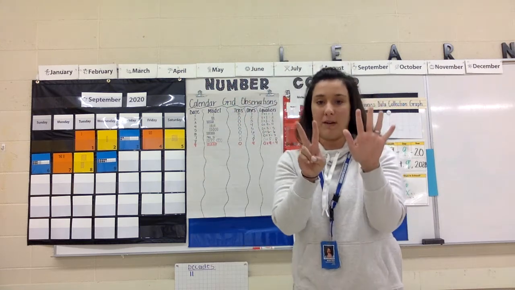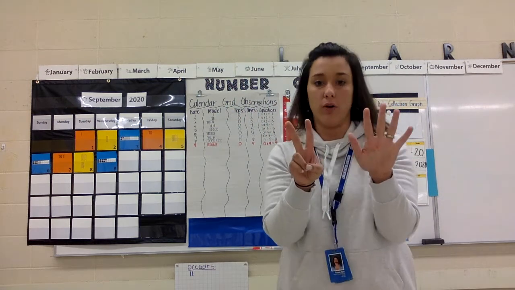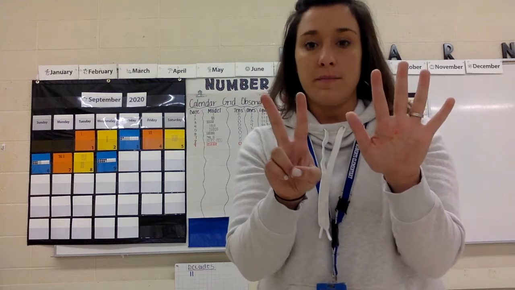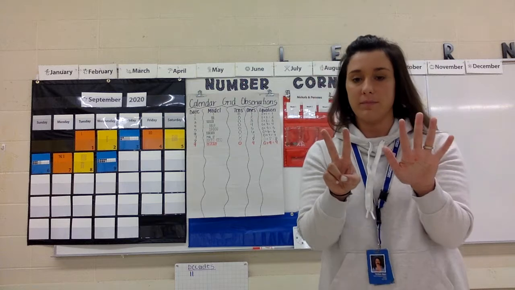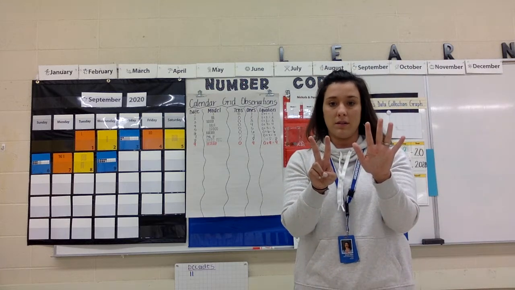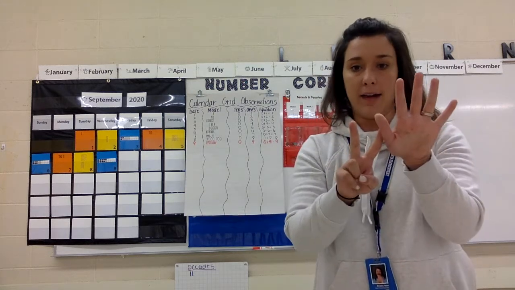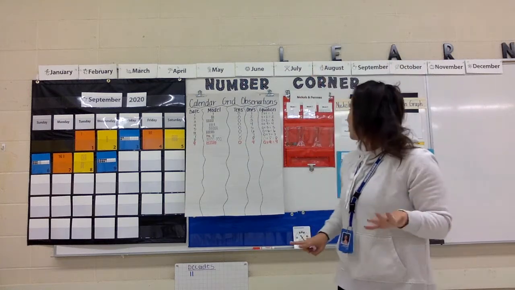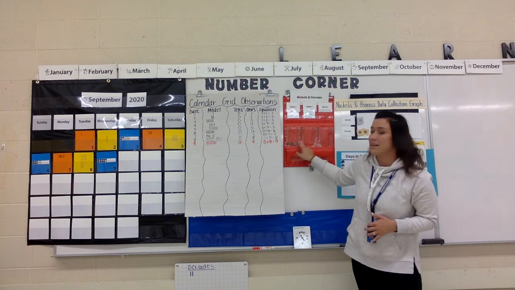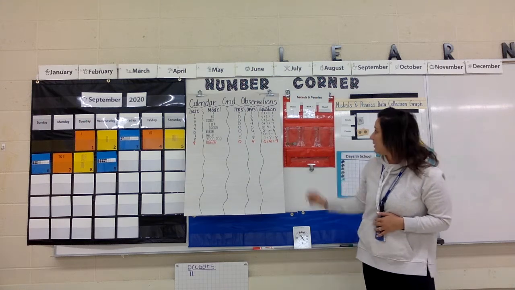Think about that. I'll hold up my fingers for you, or you can try at home on your own. What is 5 and 2 more? Let's think about it. So 5, 6, 7. So right now, we have 7 cents in our chart.